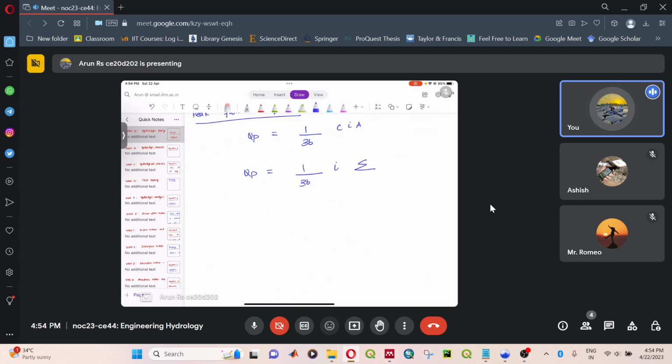Design rainfall intensity into summation of j equal to 1 to n, Cj into Aj. So Qp is equal to 1 by 36 into design rainfall intensity is 3.037, and I am going to expand this.